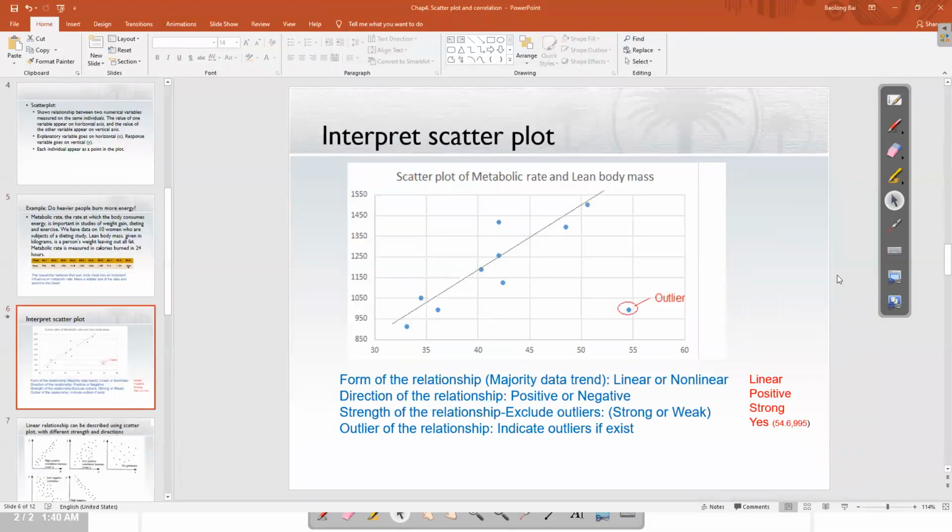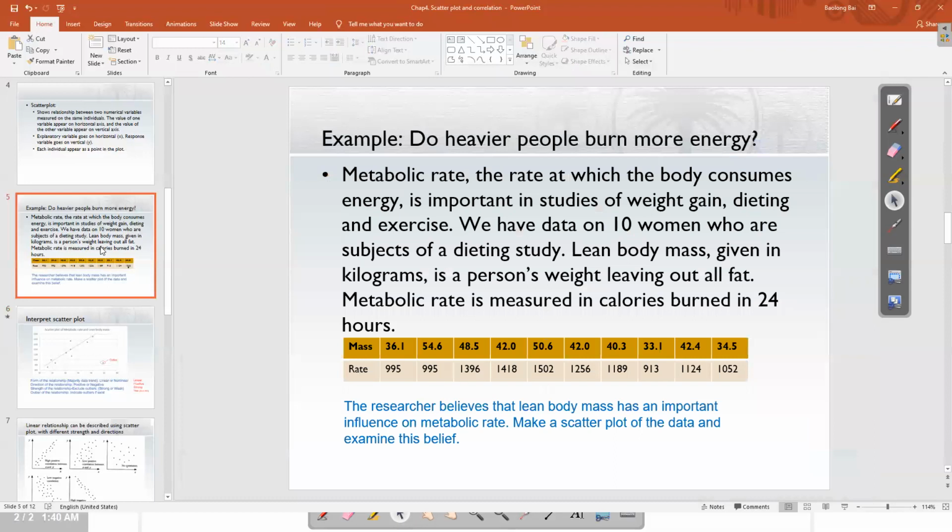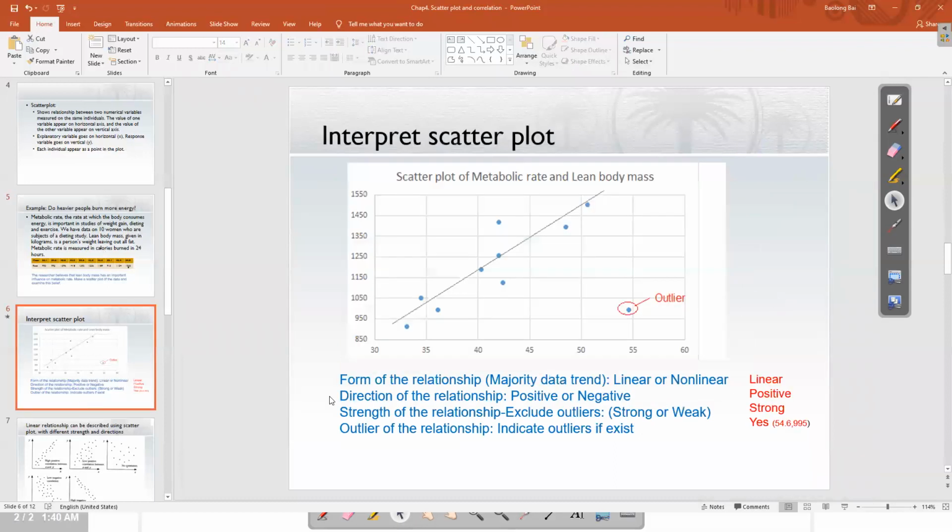So the scatter plot is very, very useful. From the scatter plot, we can identify the relationship features very quickly compared to looking at the data set. It's a very quick and convenient way to describe the relationship. There are four features we look at all the time. One is the form, that's the majority of the data trend, and then direction, positive or negative, and strength, strong or weak.